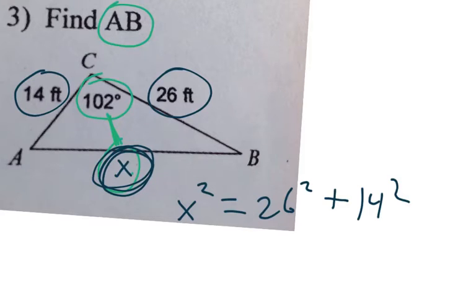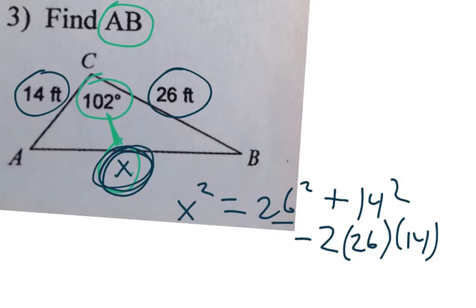The only difference is I'm also going to do a minus 2 times the sides together. Again, my sides were 26 and 14, times the cosine of the angle between them. Now, what angle is between these two sides that we know? Oh, how convenient. 102 degrees.